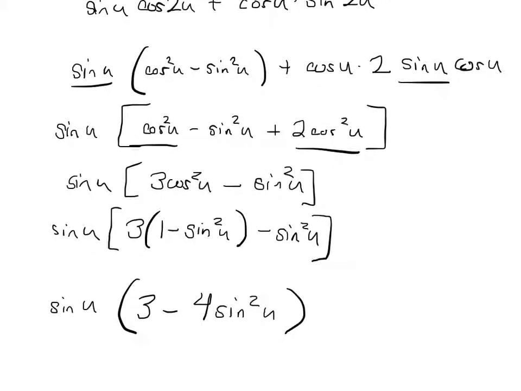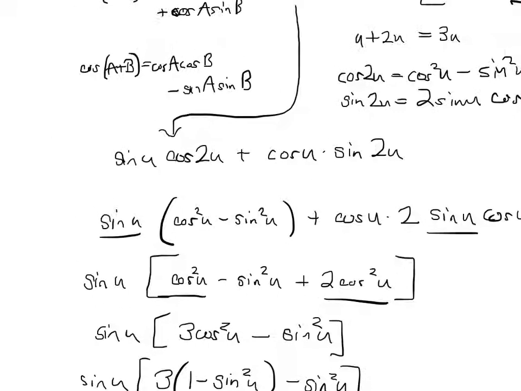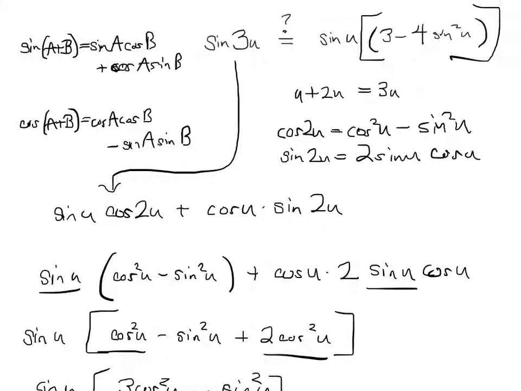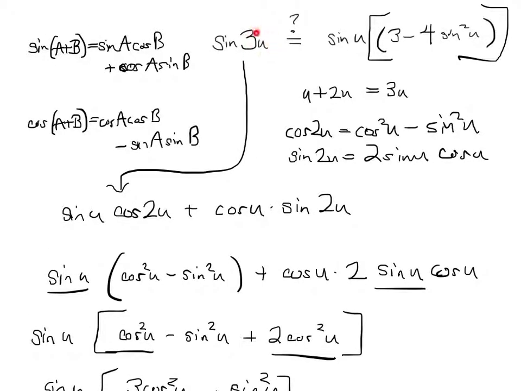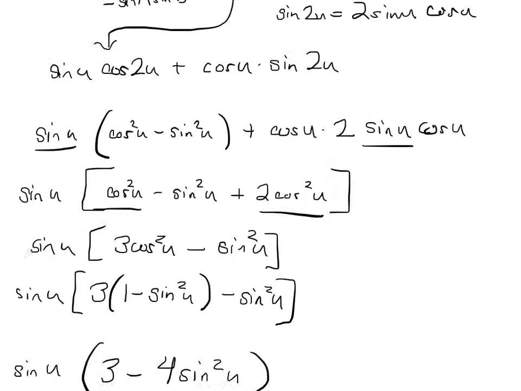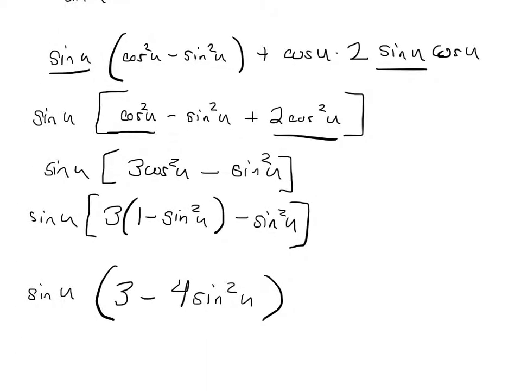You also need to know these little rules of thumb, which is when I see something like 3u, I'm going to rewrite it as u plus 2u. And then if I know everything here is in terms of sine squared, and I'm stuck somewhere in the middle with a bunch of cosine squareds running around, it's no big deal to trade cosine squared for sine squared.